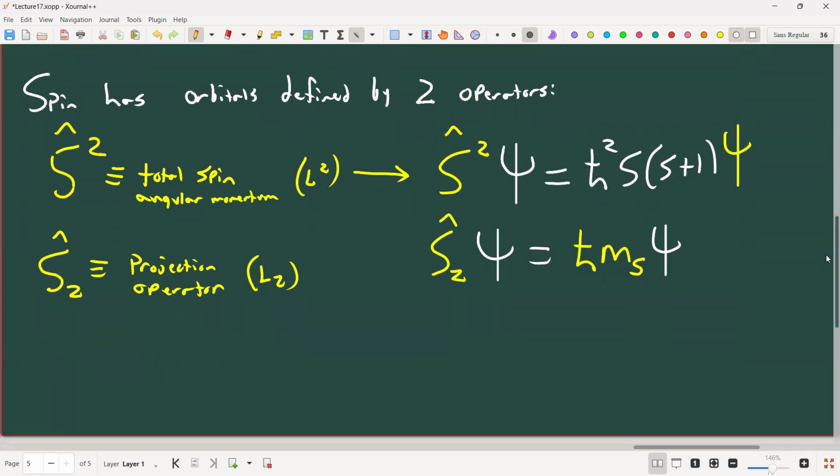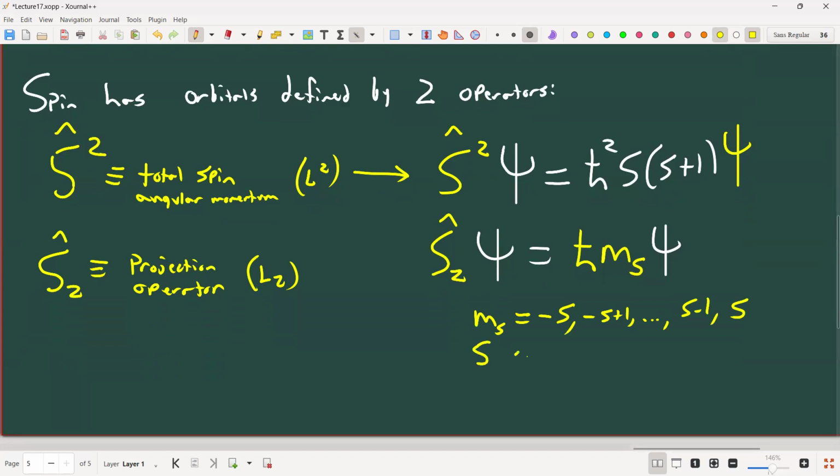The rules are the same. m_s is any value between minus s, minus s plus 1, up to s minus 1 and s. And s, it turns out, can be many different values. It's intrinsic to the particle.